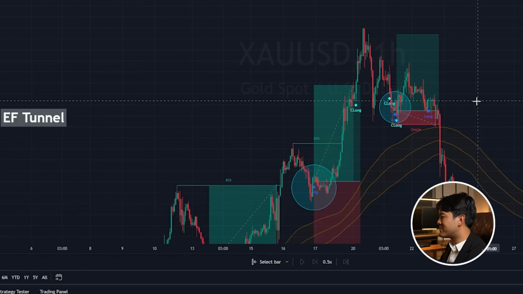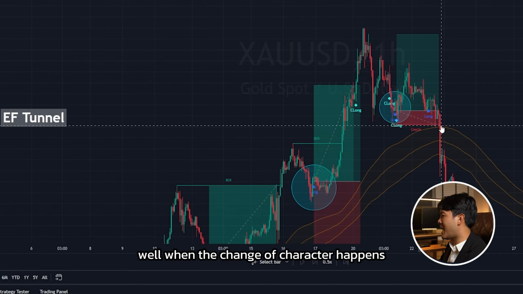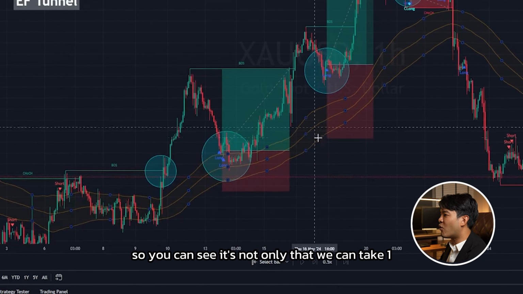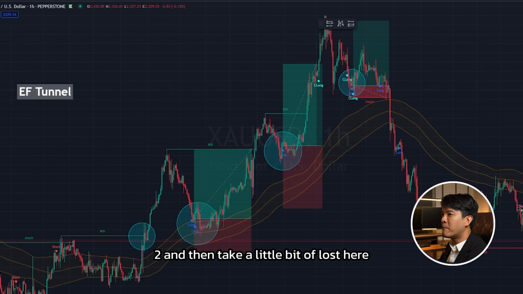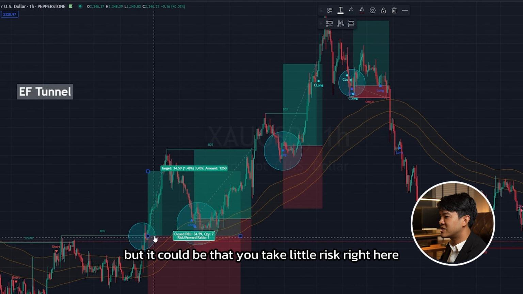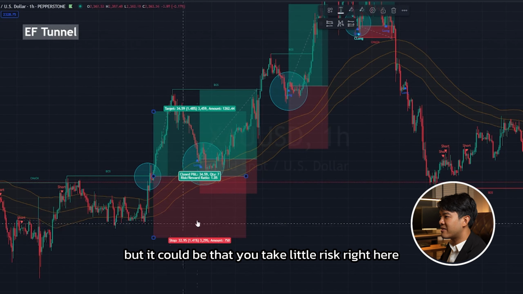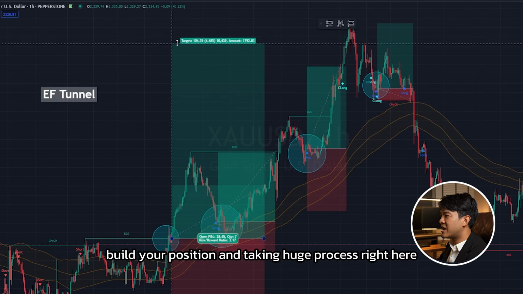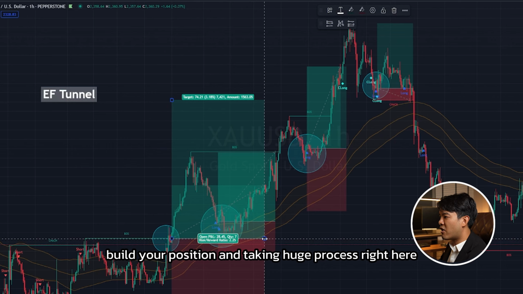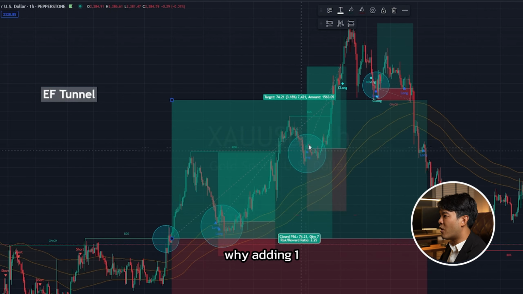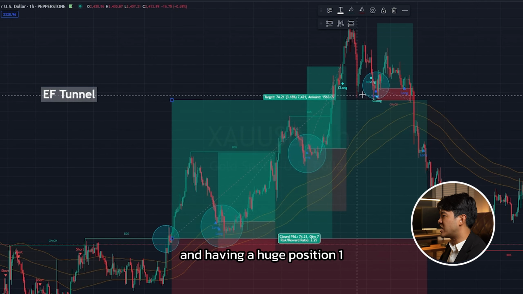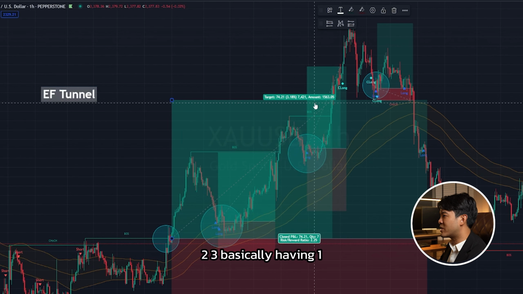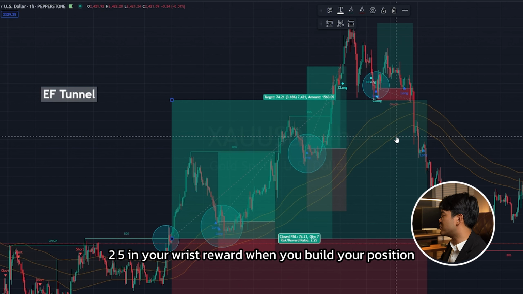Now when is that maximum gain gonna be? Well, when the change of character happens. So you can see it's not only that we can take 1, 2 and then take a little bit of loss here, but it could be that you take little risk right here, build your position, and take huge profits right here while adding 1, 2, and third position with a little bit of loss here and having a huge position 1, 2, 3, basically having 1 to 5 in your risk reward when you build your position.